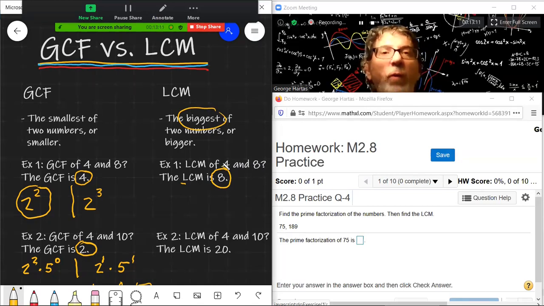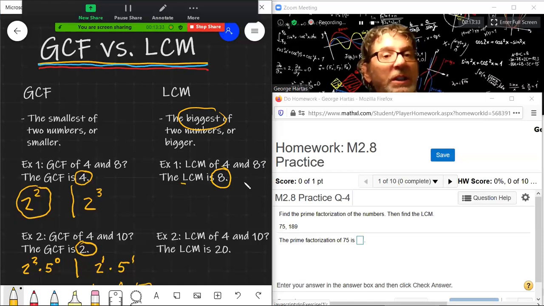We couldn't pick 4 because 8 does not divide into 4. But the bigger of the two works because both of these divide into 8. So remember, this is the lowest number possible. That's what L means, least.